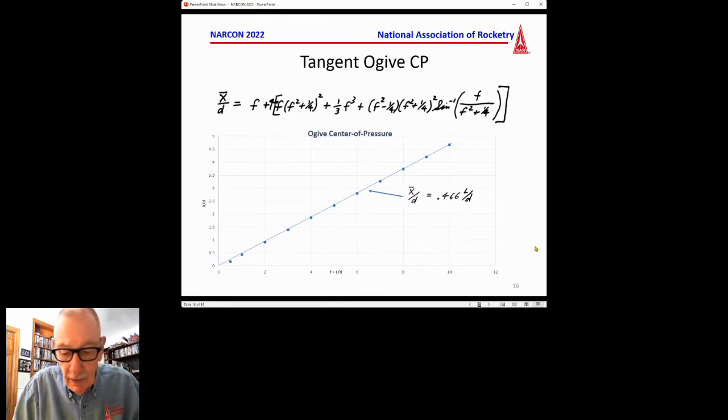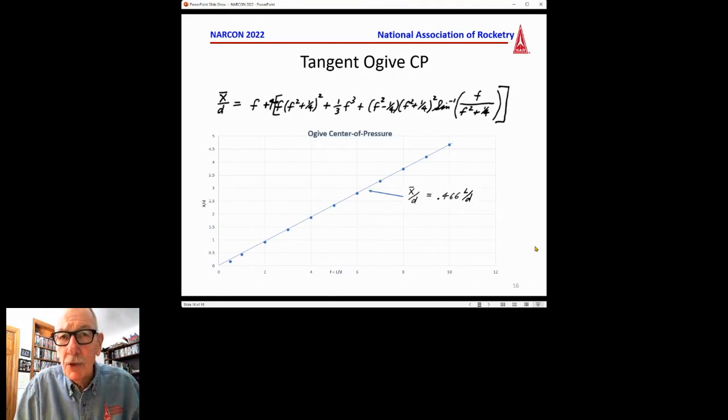And so I got lucky in the sense that when I went and computed it, I said, well, now I'm going to have to create a graph so that people can use this without having to do that crazy formula. But as it turned out, that graph looks mighty like a straight line, as you can see down below. And in fact, you can end up using the center of pressure of an ogive, a tangent ogive.